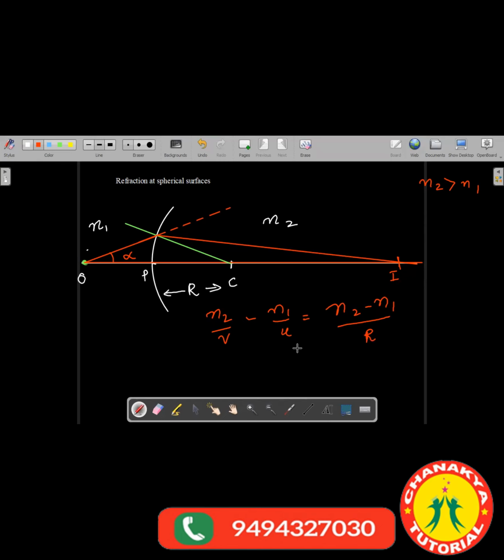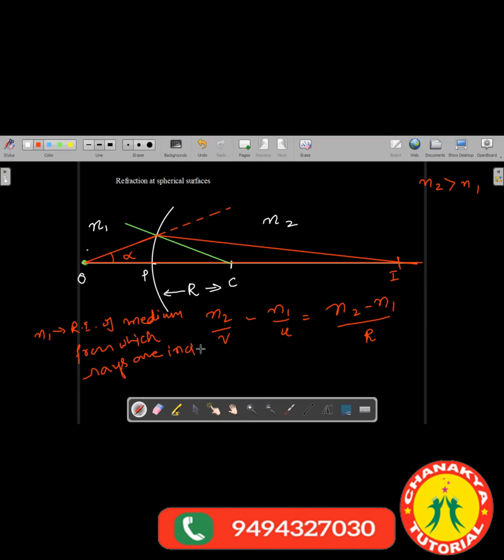Now let us see the definitions clearly. Here N1 is the refractive index of the medium from which rays are incident.